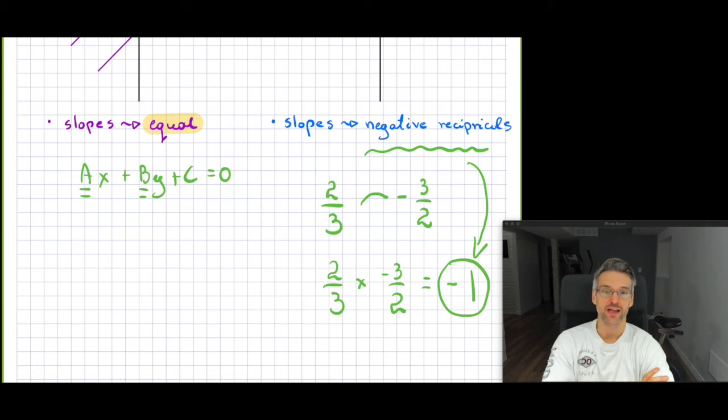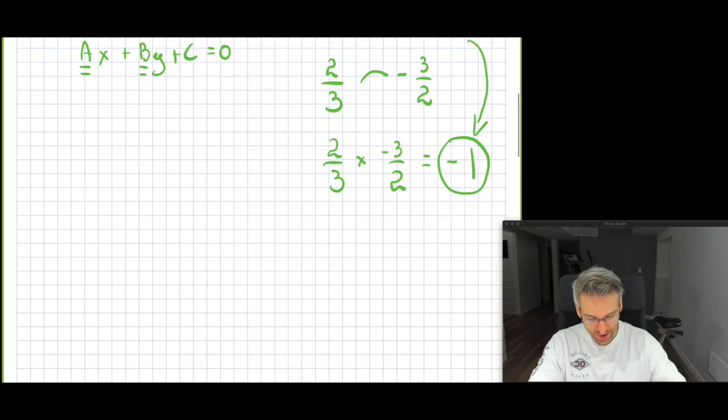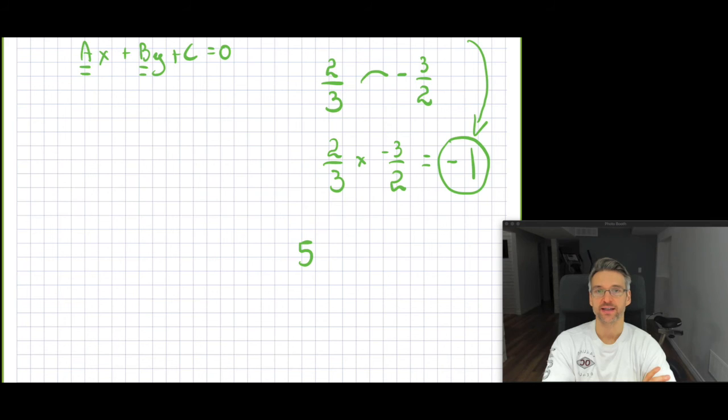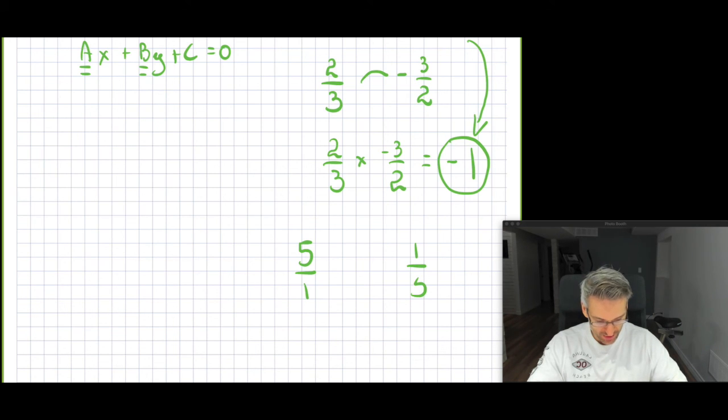Now, if you have a slope which is a whole number, let's say the slope was 5, and you want to find the negative reciprocal of that, don't forget that 5 is the same thing as 5 over 1. So taking the reciprocal, which is just swapping these over, is 1 over 5. And the negative would have to be that.